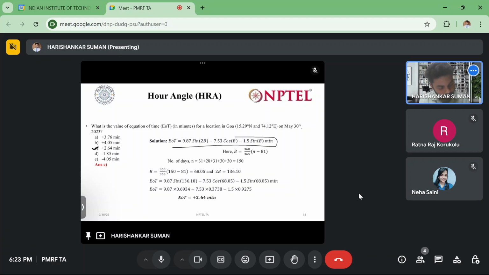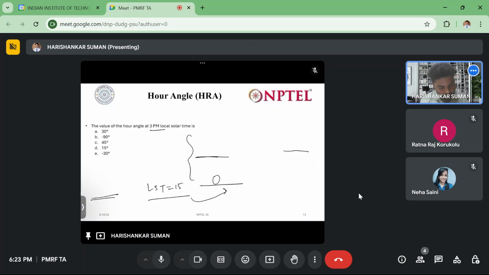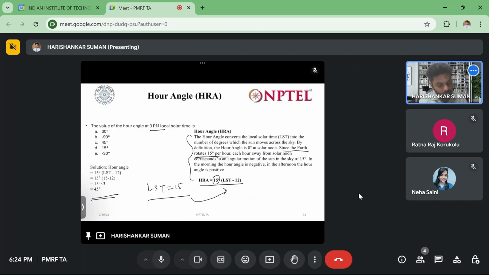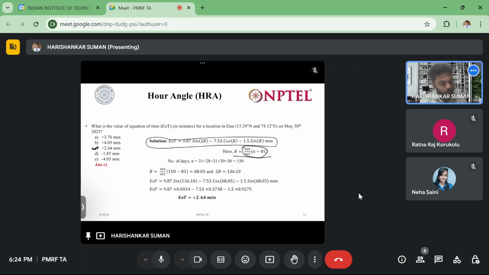This is the formula: equation of time equals 9.87 sine 2B, and B is defined as 360 divided by 365 times (n minus 81), which is the same B angle we already saw in the declination angle.